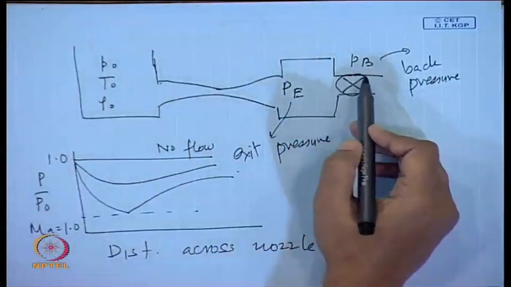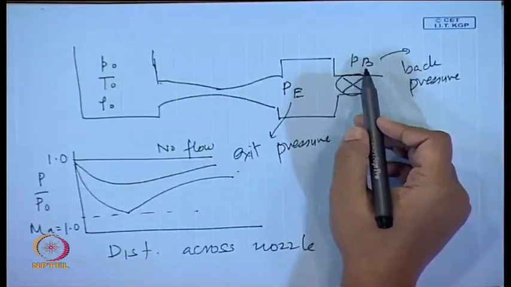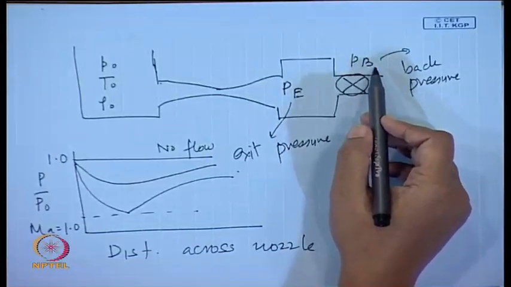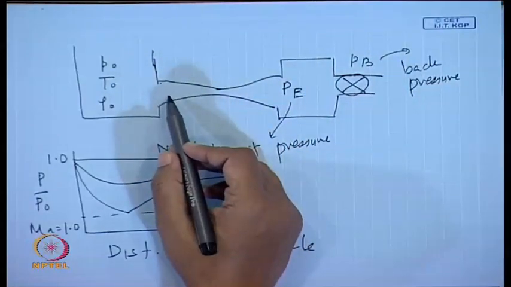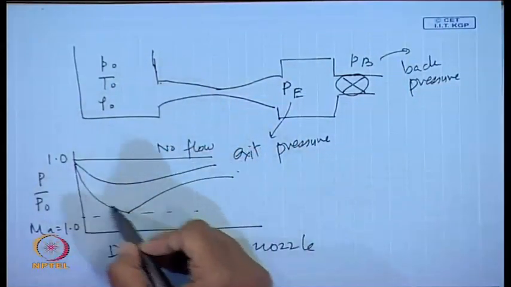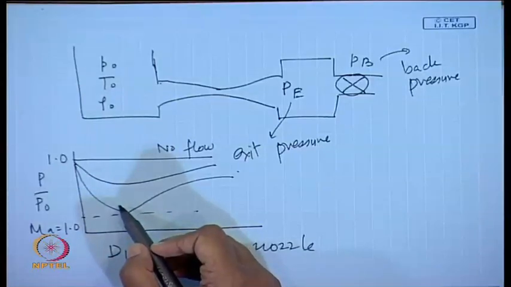Now, if we keep on reducing the pressure slightly more, so we try to reduce the back pressure more, then what happens? Upstream the flow is not affected. Upstream the flow remains the same, it does not respond.